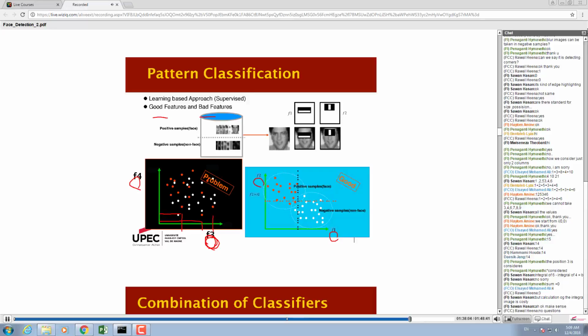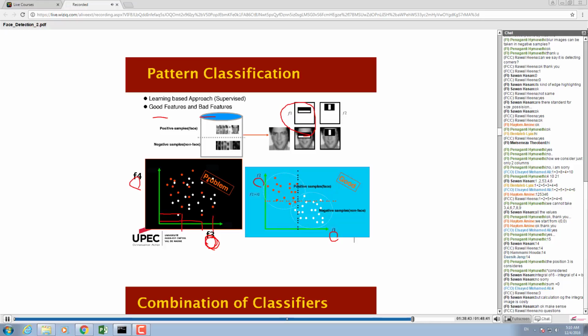Let's look at the right graph, the blue one, with features F1 and F2. I plotted the positive face images and negative images in the same way, red dots and white dots. I apply the F1 feature, for example a vertical rectangle highlight feature, and it gives one value for every image.